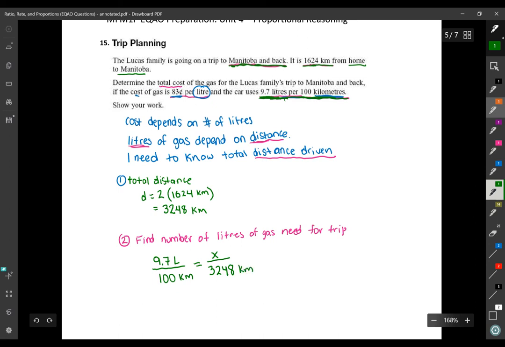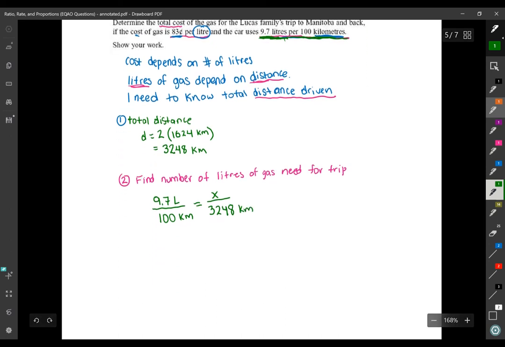Okay, so I solve for x by multiplying both sides of my equation by 3,248. And I do that because that cancels it out and it leaves me with just x. And that's what we're trying to do.